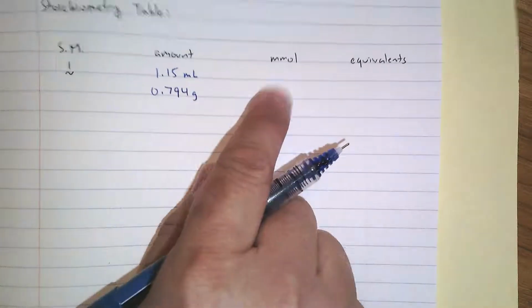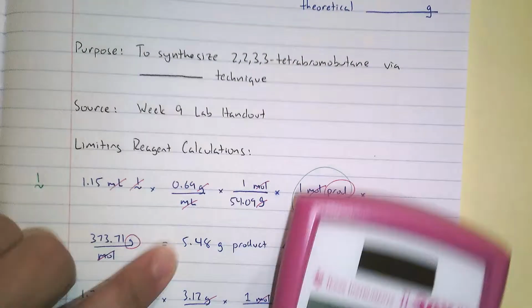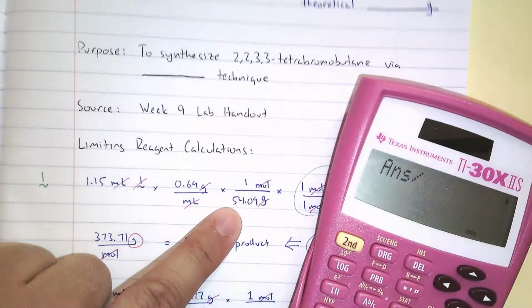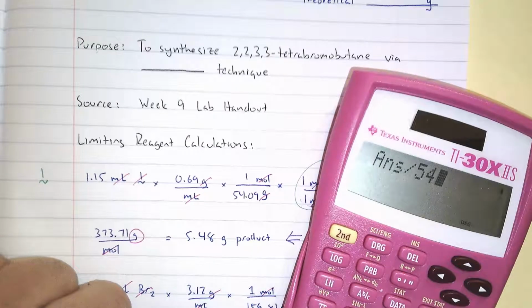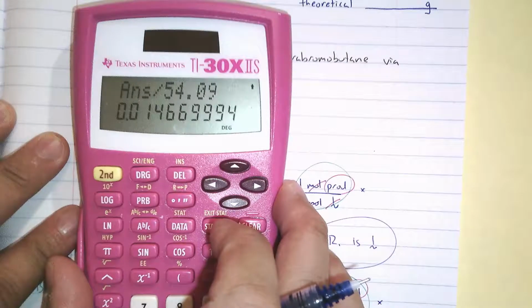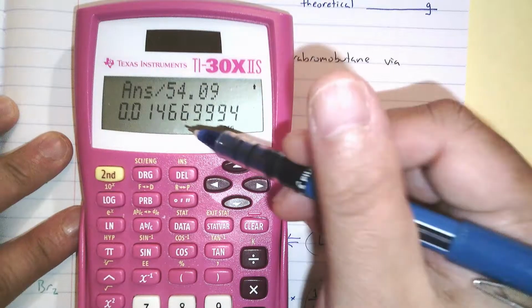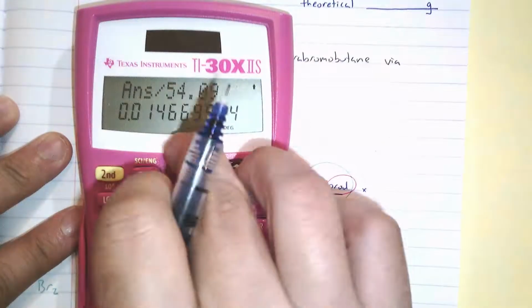Millimole. All right, we can get moles. So I take that number that I just calculated, divided by the molecular weight, 54.09, and I get that. Do you see that? So it's typically a small number. Sometimes it's even smaller than this. So I want to convert it to millimole. This is moles.